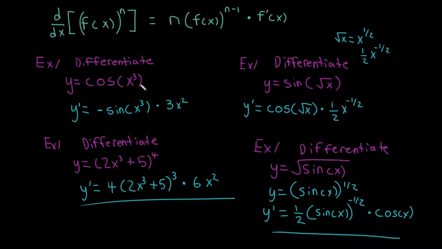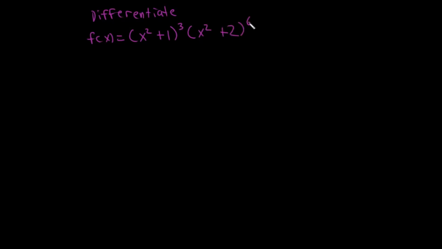Okay, let's do a couple more examples. So this time we are asked to differentiate f of x equals x squared plus 1 cubed times x squared plus 2 to the power of 6.